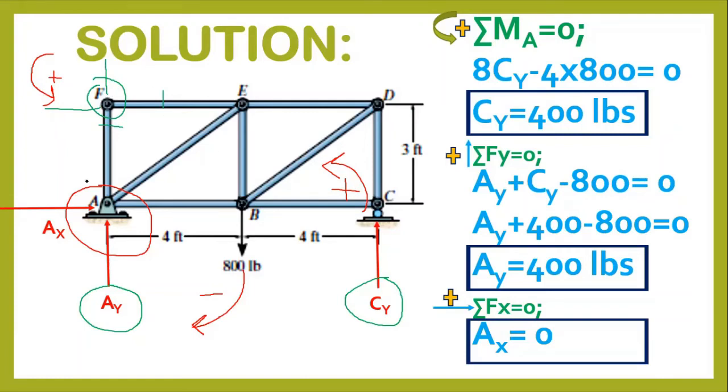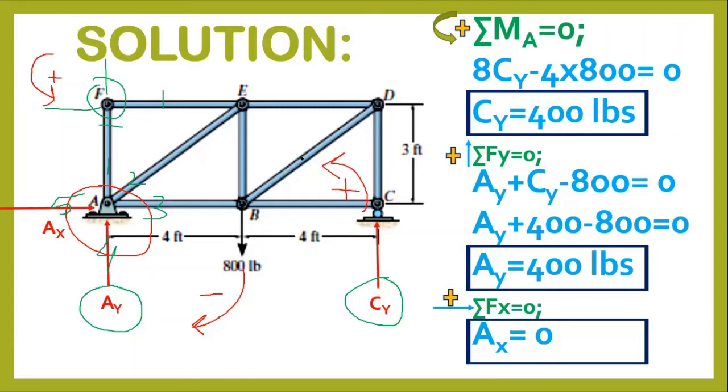If I go for joint A, it will be 1, 2, 3, 4, and 5. There are 5 forces at joint A, and if I go for joint C, it is 1, 2, 3.